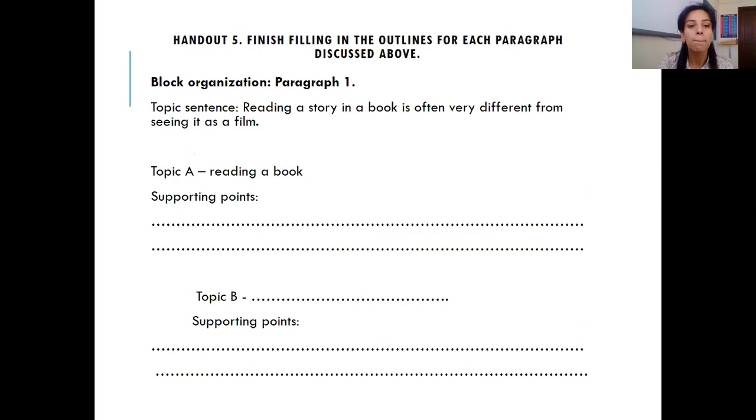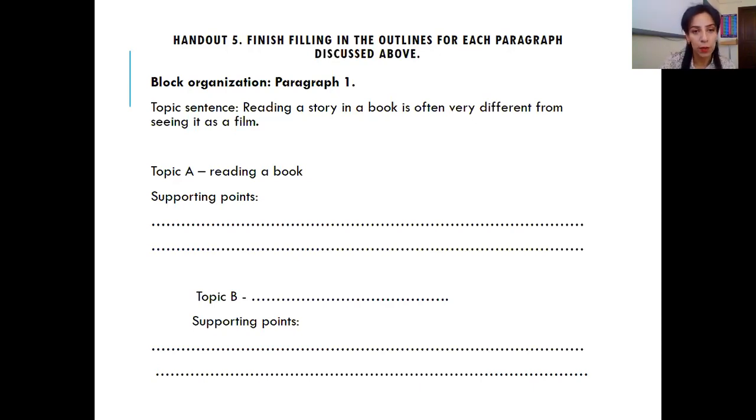So what is it? Block organization: when you block the topic 1, you speak about only topic 1, then you speak about topic 2. In point-by-point organization, you speak about point 1 of topic 1 and topic 2 together, then point 2, then point 3. So the comparison and difference are given together.